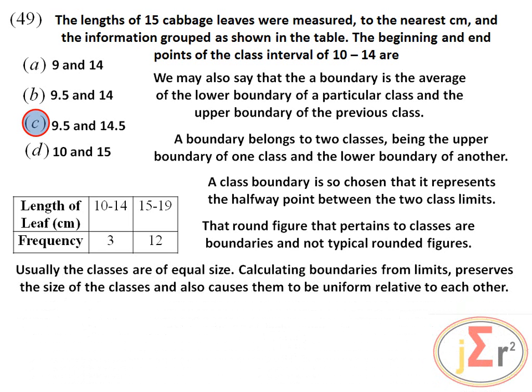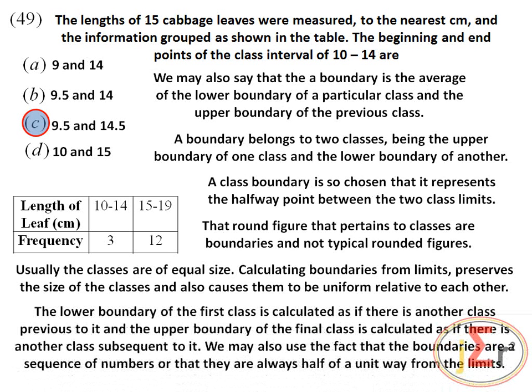Usually, the classes are of equal size. Calculating boundaries from limits preserves the size of the classes and also causes them to be uniform relative to each other. The lower boundary of the first class is calculated as if there is another class previous to it, and the upper boundary of the final class is calculated as if there is another class subsequent to it.